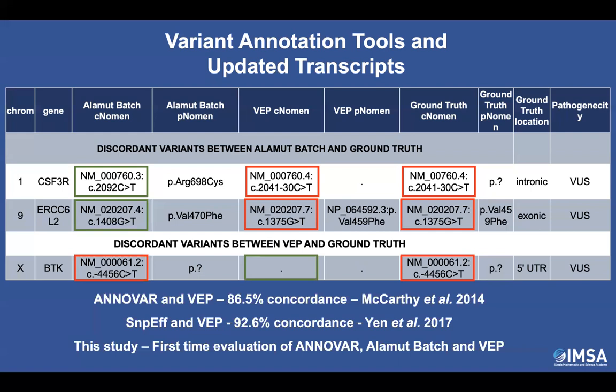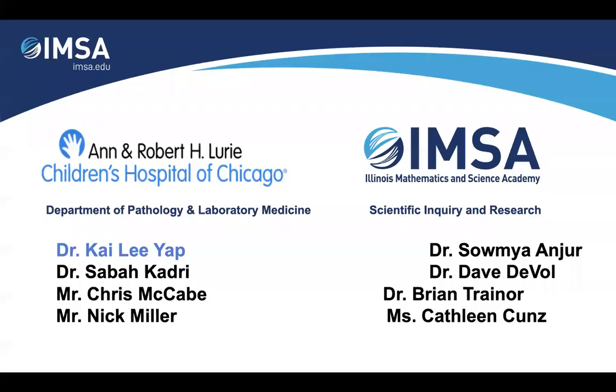Therefore, appropriate and validated methods of variant annotations are critical in the post-analytical phases of clinical testing, and in ensuring that patients receive an accurate molecular diagnosis for their genetic conditions.